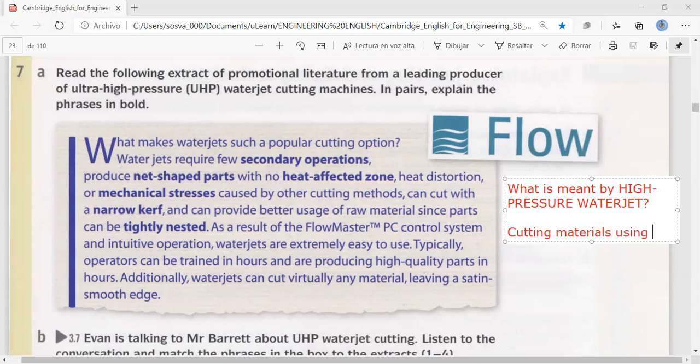Yes, that means you use extremely powerful jets of water, in this case, to cut something.